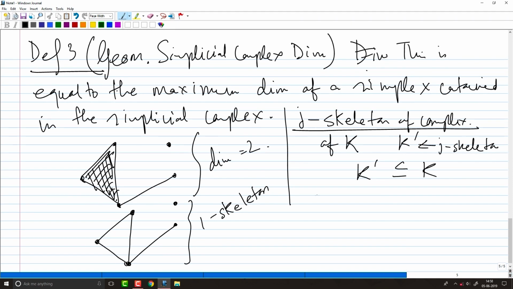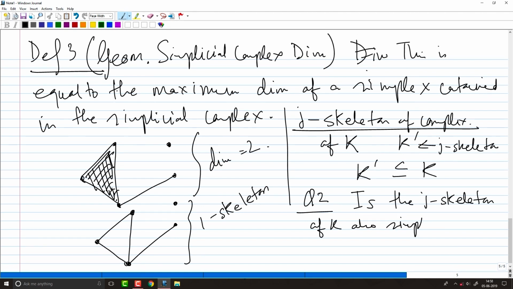So, question 2, is the jth skeleton also a simplicial complex? So, I have a simplicial complex. I have computed its jth skeleton.